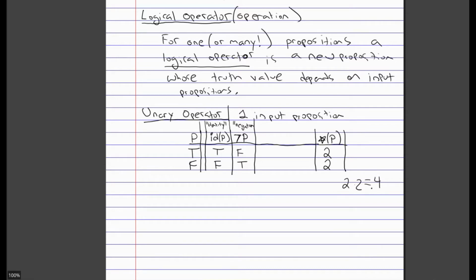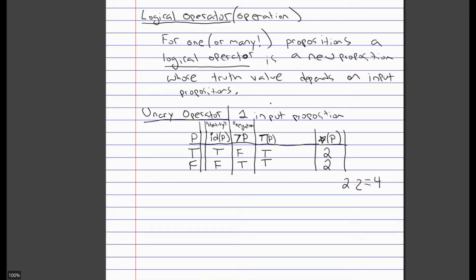We're supposed to have four here, and I'll quickly go through what the next two operators are. We have the tautology operator of P, and this is where the book uses a little bit of different notation, but I like this capital T of P. The tautology operator is exactly what we talked about before with tautology. No matter what the input value of P is, the tautology operator will always evaluate to true.